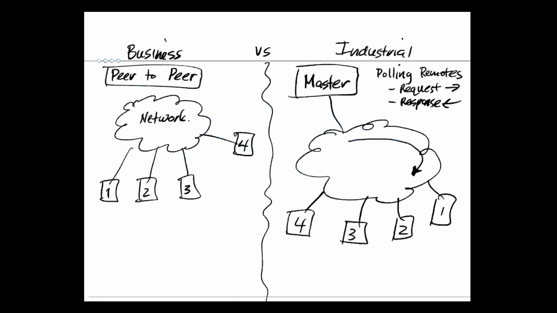If we look at the cloud representing the network here, this is a multi-drop network that could be implemented as RS-485, Ethernet, a WLAN, or any other multi-drop network, in which all devices can talk to any other device. And in a peer-to-peer network, each and every workstation within that network has equal rights to the network.